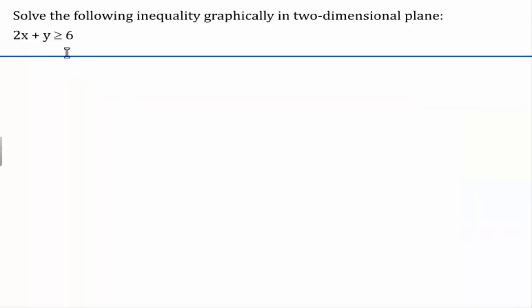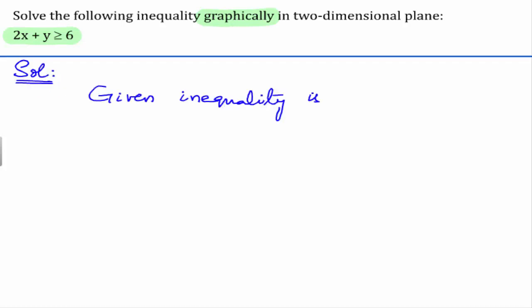In this problem, we have to solve the given inequality using the graph. Let us see the solution for this. The given inequality is 2x plus y is greater than or equal to 6.